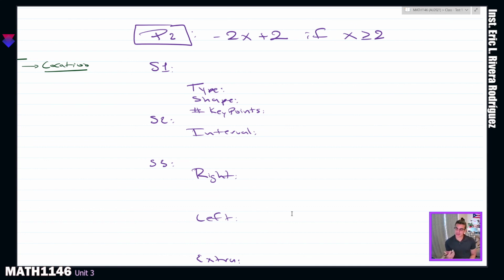I want to give you a few minutes just to recap what I just said, and I want you to answer me on the chat the answer for each step. For step number 1, we are looking for the function type, the shape, and the number of key points that we need to draw the line.